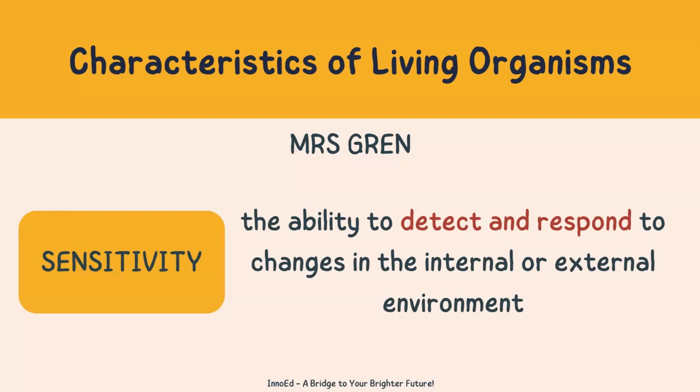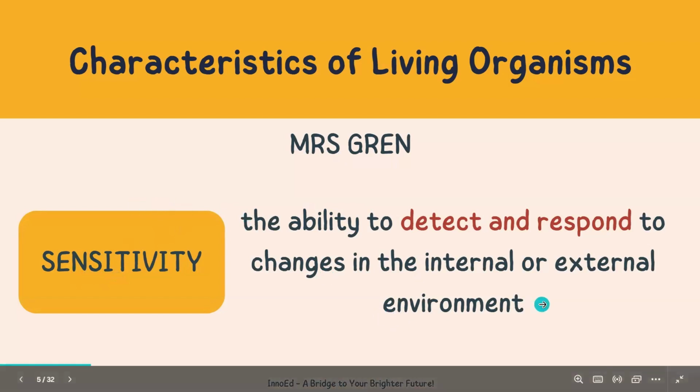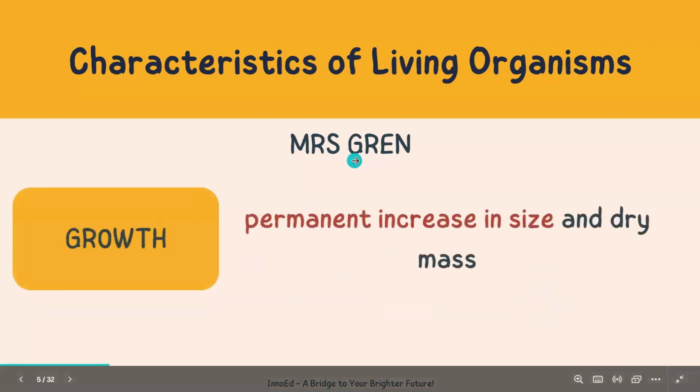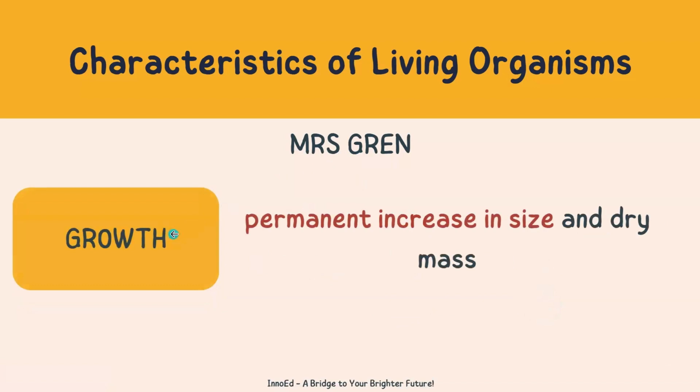Sensitivity is the ability to detect and respond to changes in the internal or external environment. G stands for growth. Growth means permanent increase in size and dry mass. The word permanent is really important here to gain a mark.